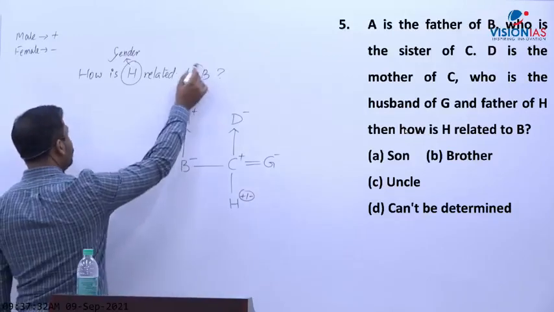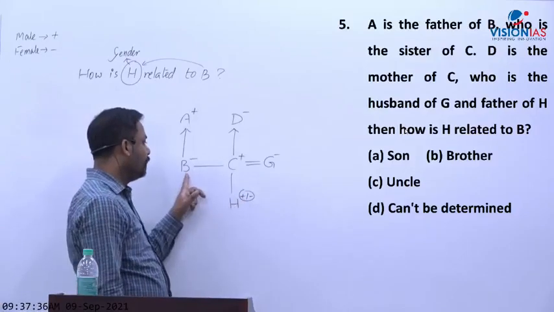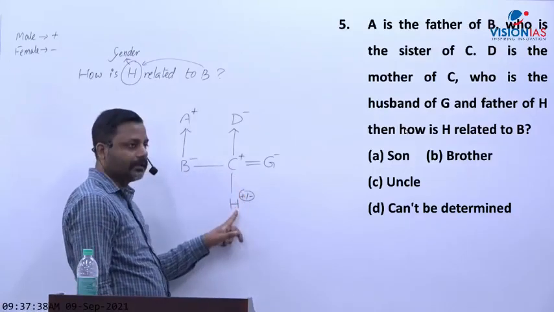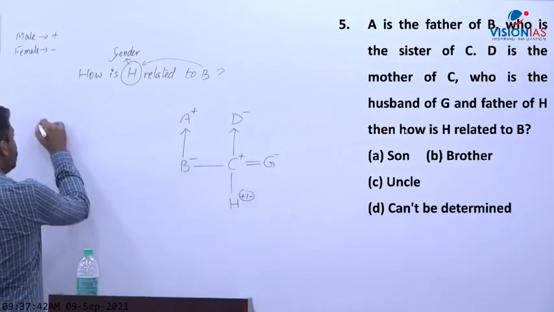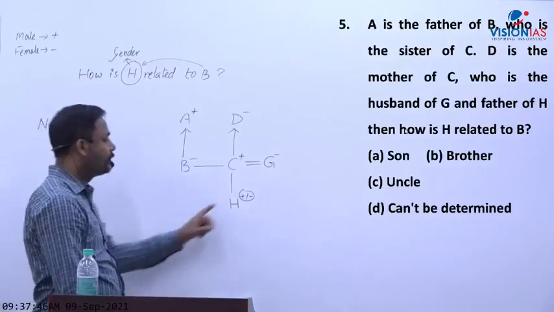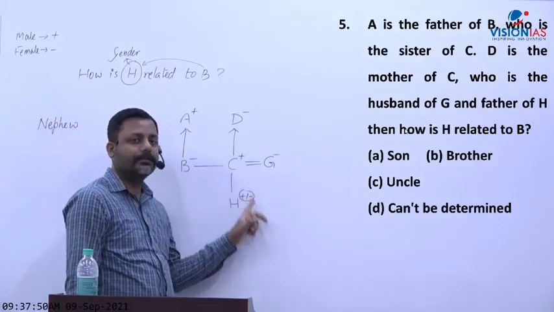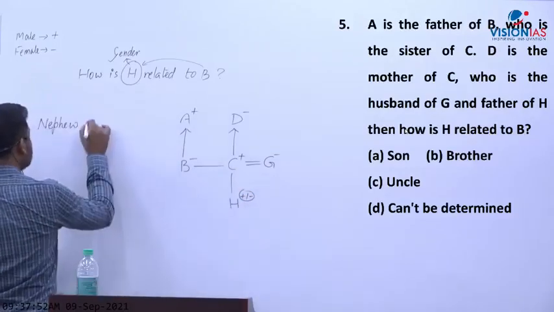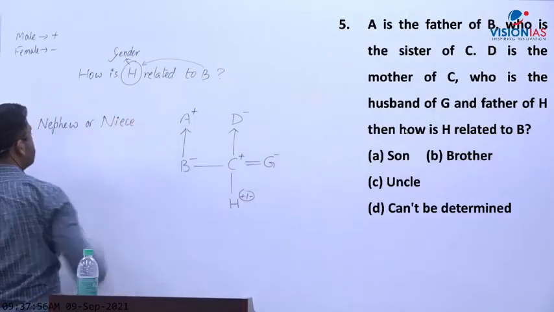Now, from B we will move towards H. So if H is male, it means B's brother's son. It means H can be nephew. But if H is female, then brother's daughter. And brother's daughter is niece. So we are getting two answers.